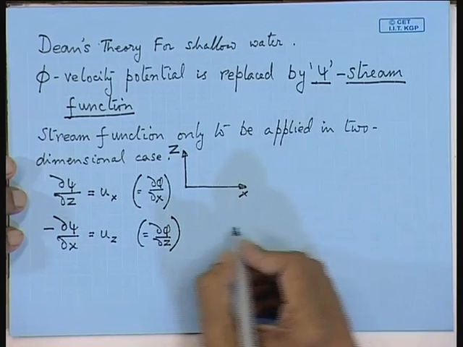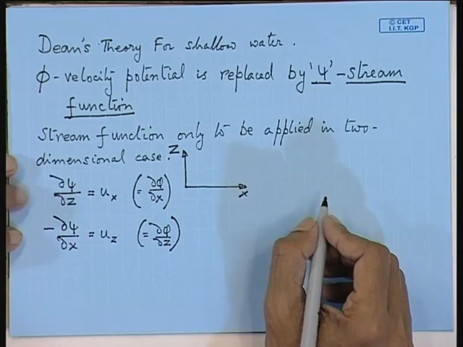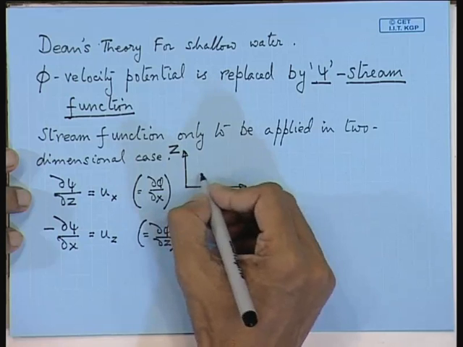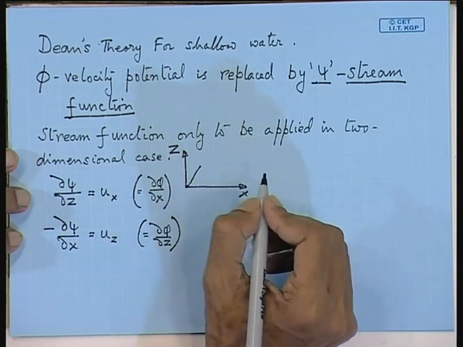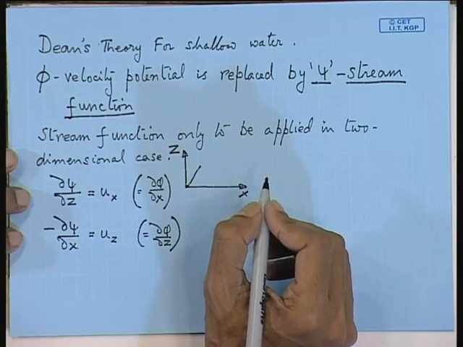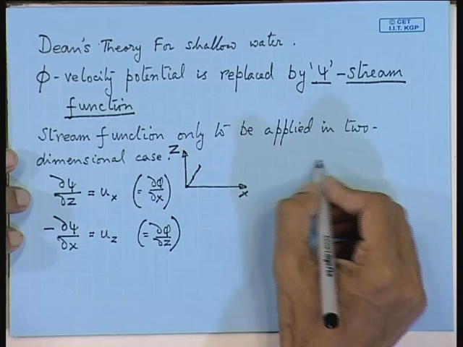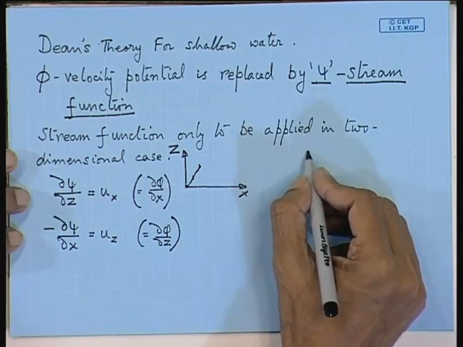So, that means if you plot a stream function, say this is your stream function, you have to plot, sorry, this is the xz plane. Suppose on the horizontal xz plane, there are three axes.